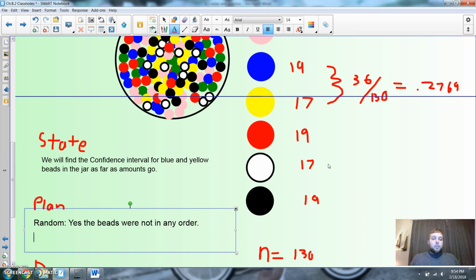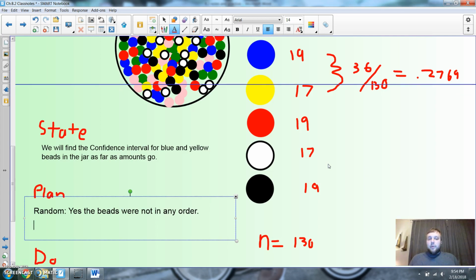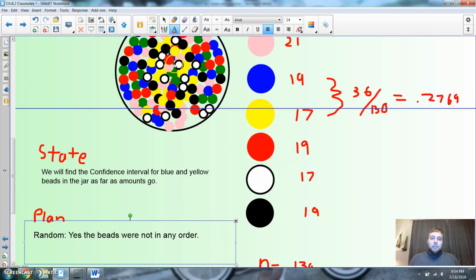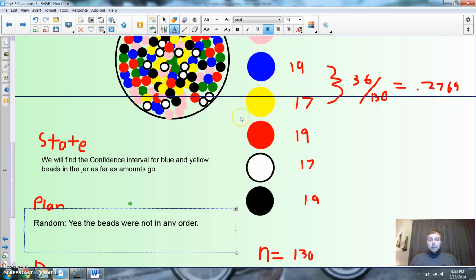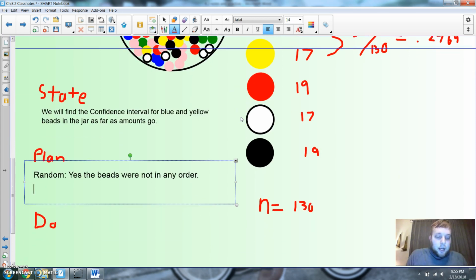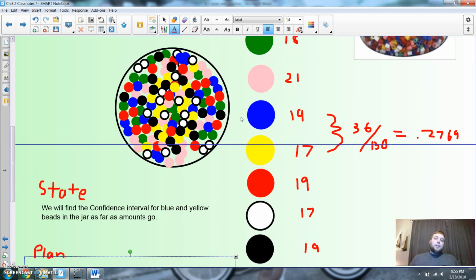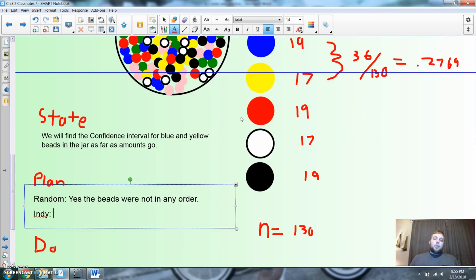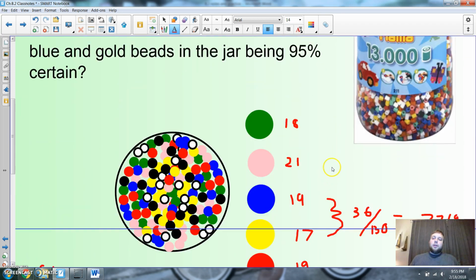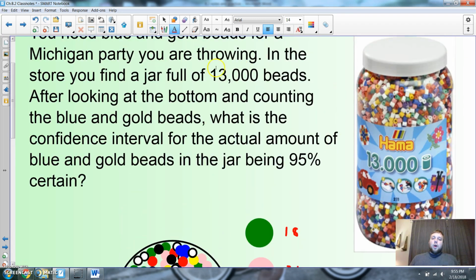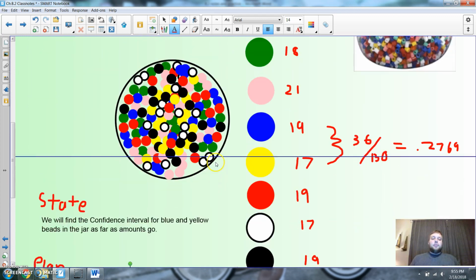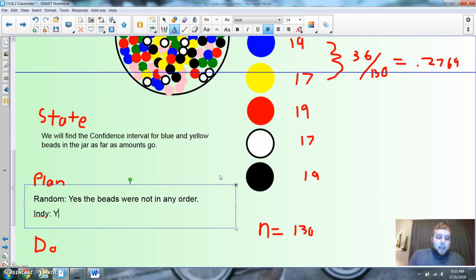I'm sure some of you could threaten me with some things, but looking at the bottom, it's random beads. Independent: is this less than 10% of the population? I have 130, and there are 13,000. So independent, yes.